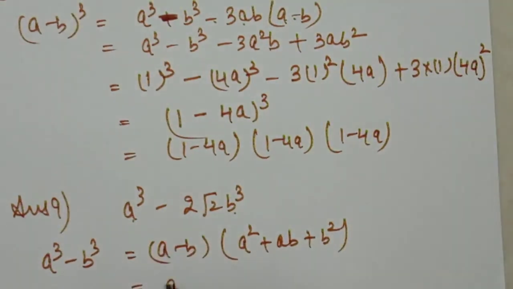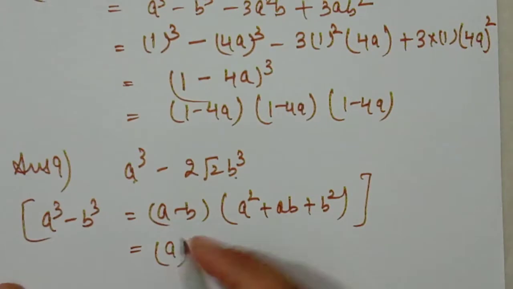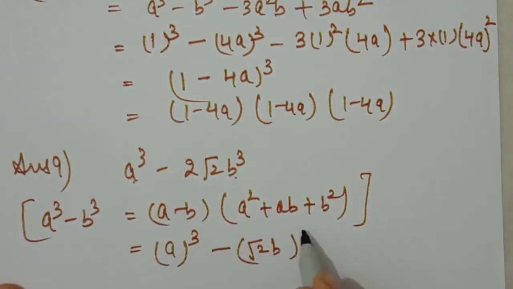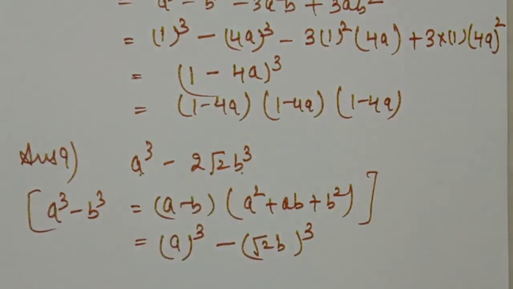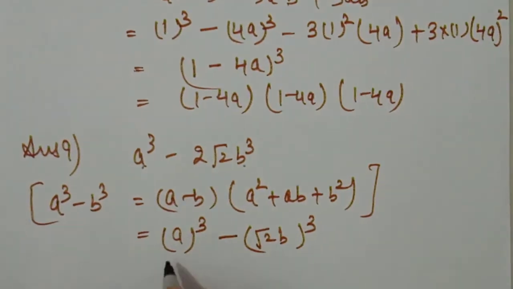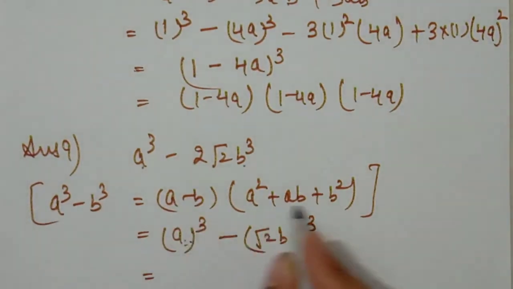So it is a whole cube and here we have (root 2b) whole cube. When we will solve it and multiply 3 times, then we will find the result is as 2 into root 2b cube. Now we will shift all these value in this identity.